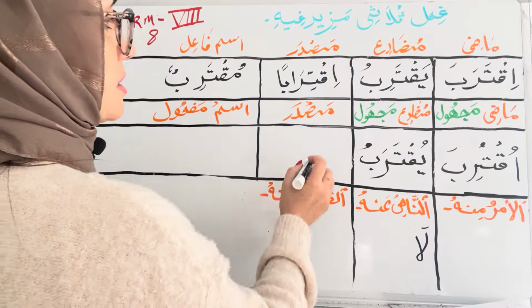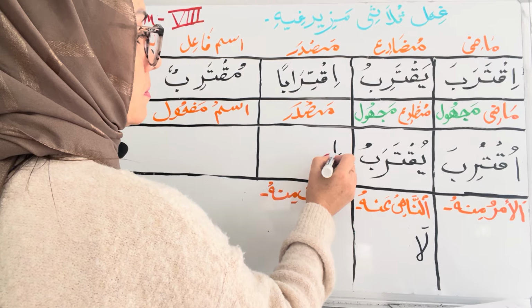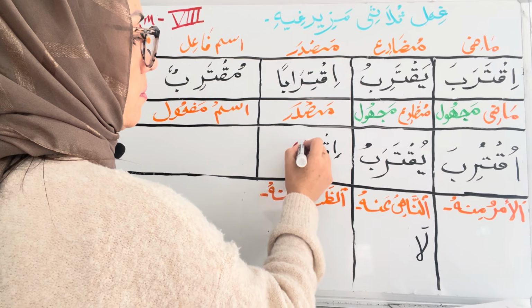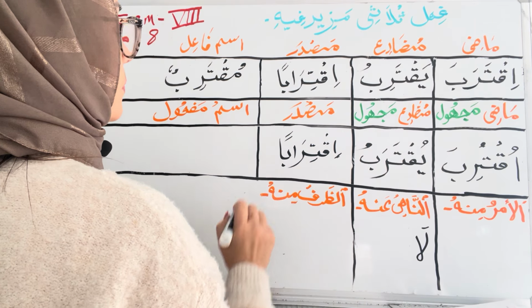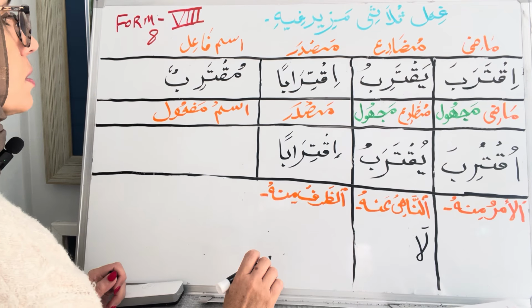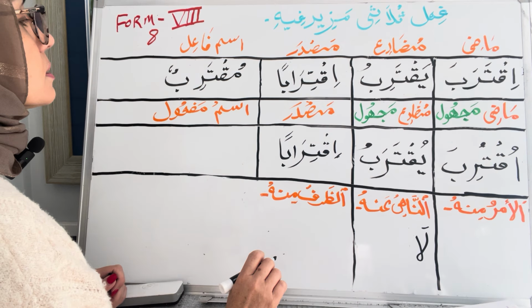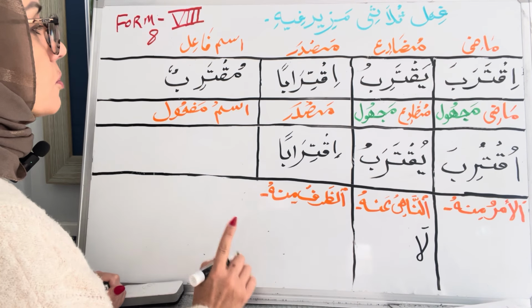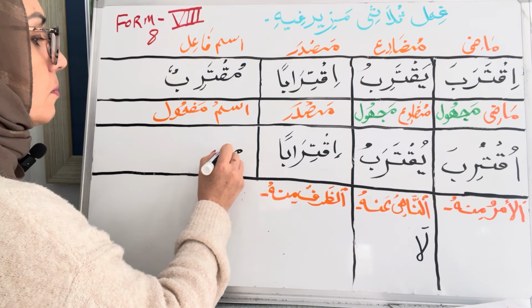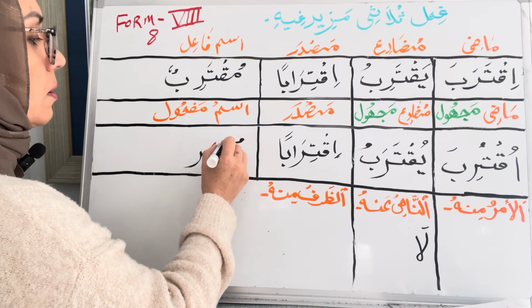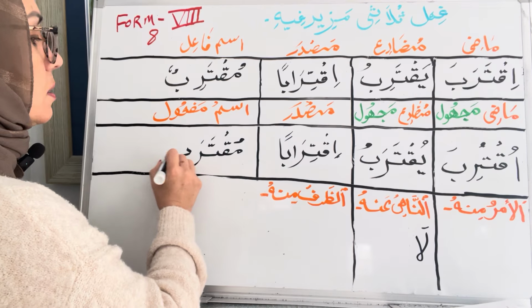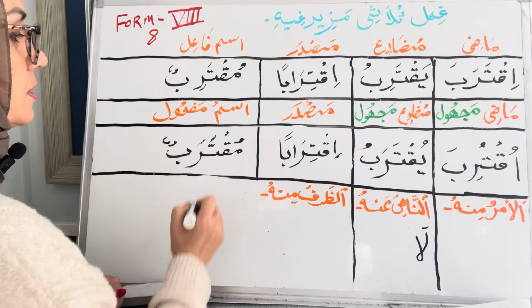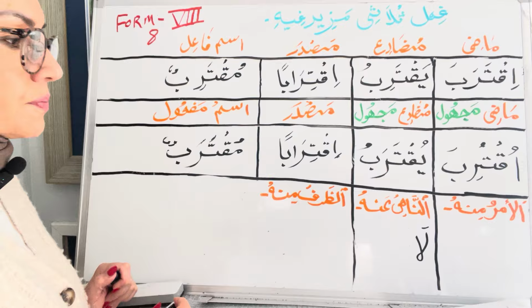And then here it remains the same اقترابا. And then اسم مفعول becomes مقترب. Okay, these are fathas. And then that's a dhamma, مقترب.